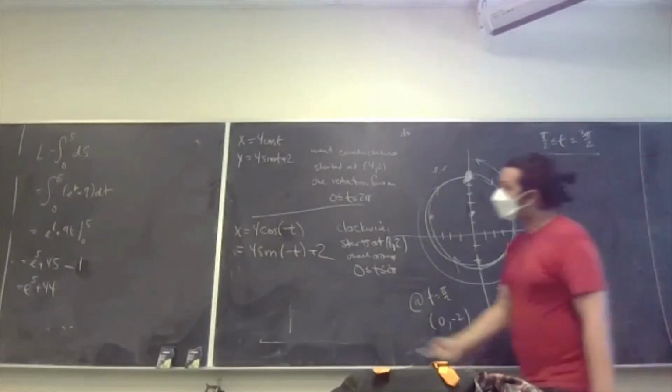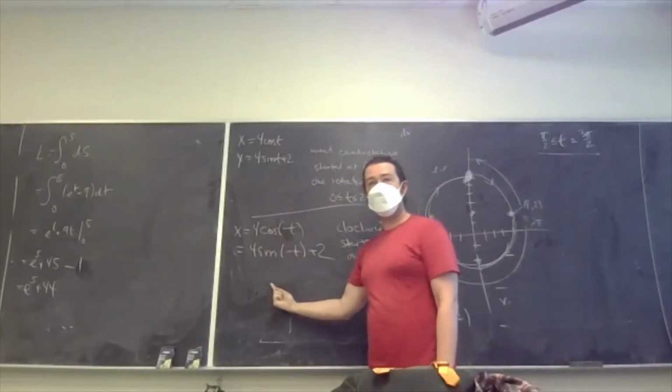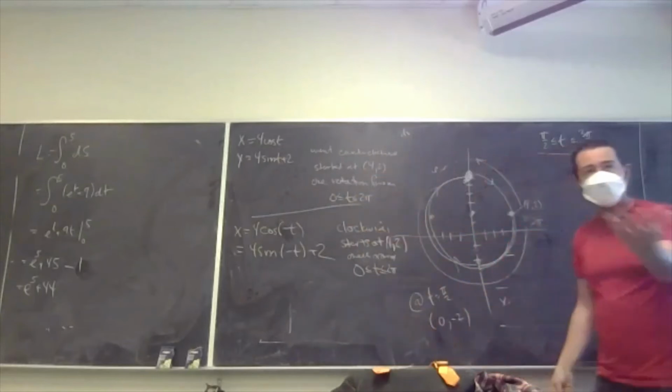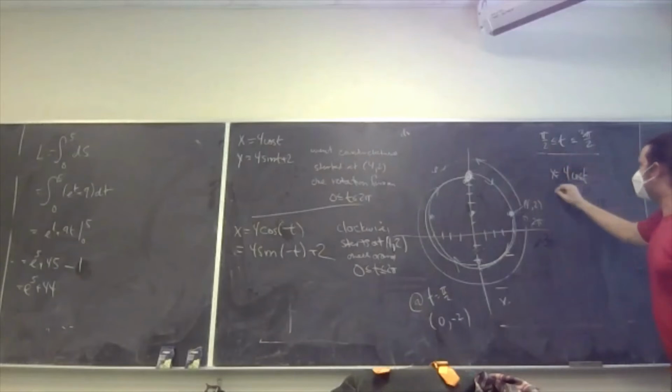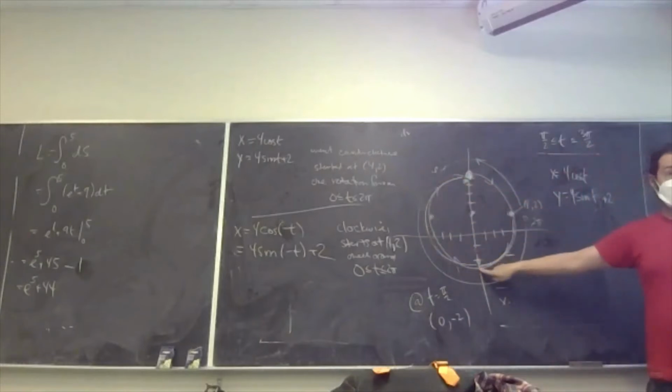So do I pick these equations or do I pick these? I should pick the first because those are the ones that are turning counterclockwise, because that's the way the unit circle is set up. So this domain coupled together with these functions is going to give you a circle that starts here and goes this way and stops there.